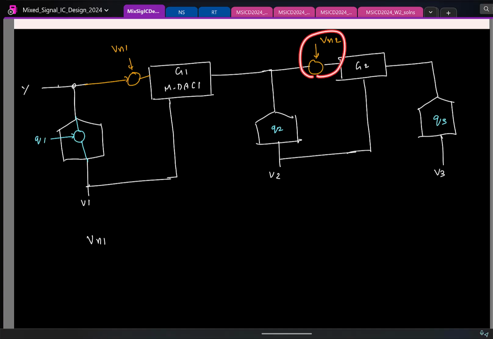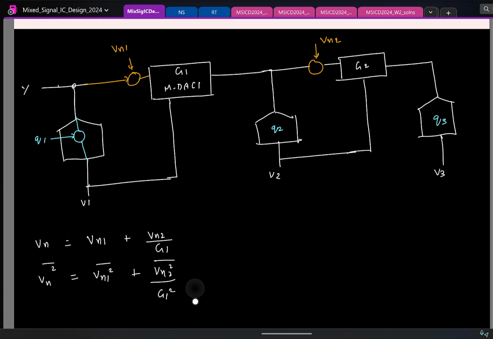And if I take this guy and try to refer it back here, how will that be? Vn2. If I want to include the effect of this by adding some other signal here, that will be Vn2 by C1. Fine. So this is the effective noise at the input. If I take the mean squared value, it will just add up because they are all uncorrelated. If I have 3 stages, I'll have Vn3 squared by G1 square, G2 square.